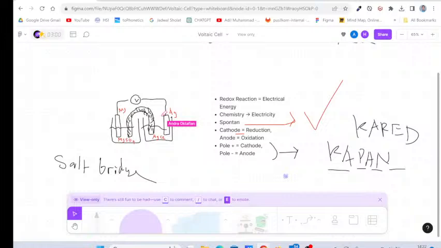Okay, in order to understand voltaic cell, you need to understand the list of electrode voltage like this. The list of electrode potentials.